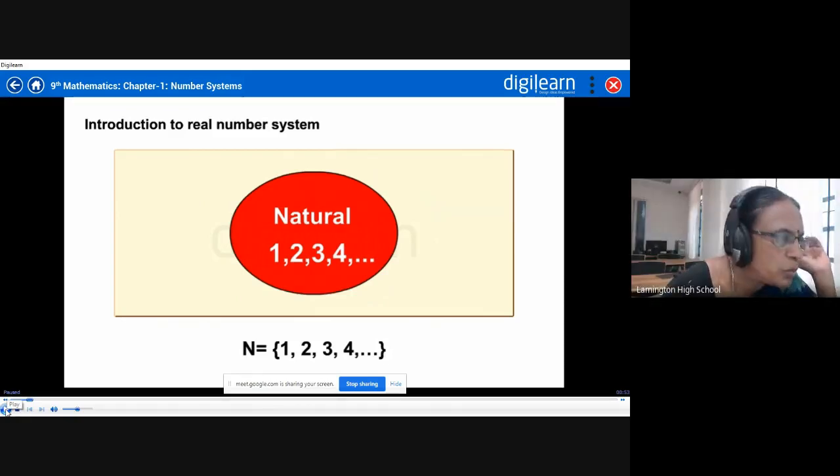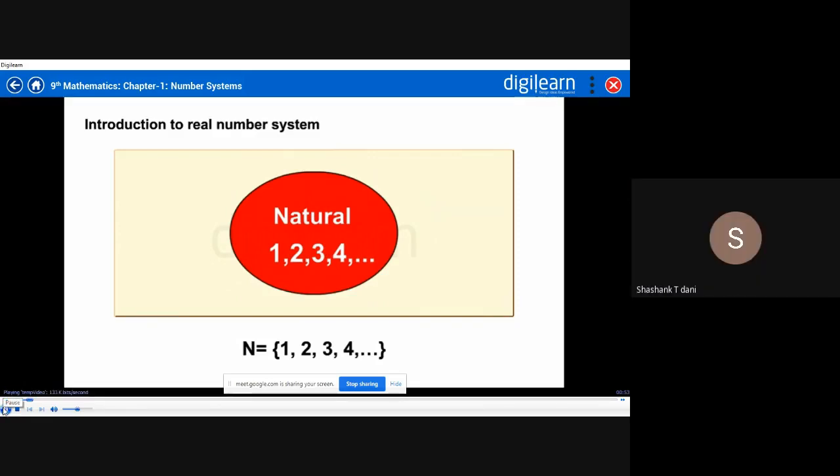When you come to the number system, the counting numbers 1, 2, 3, 4, 5, 6, 7, 8, which we use to count, we call natural numbers. They are positive numbers. Followed? Yes or no?